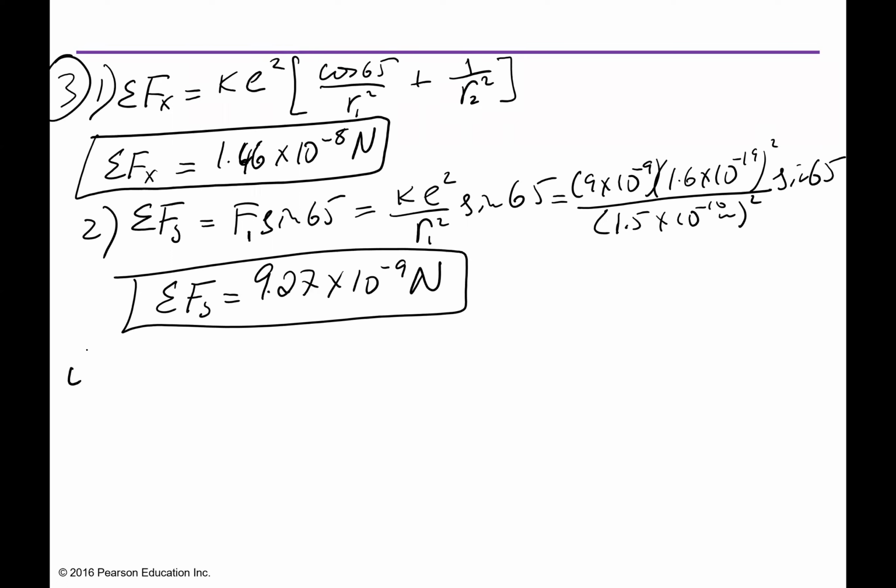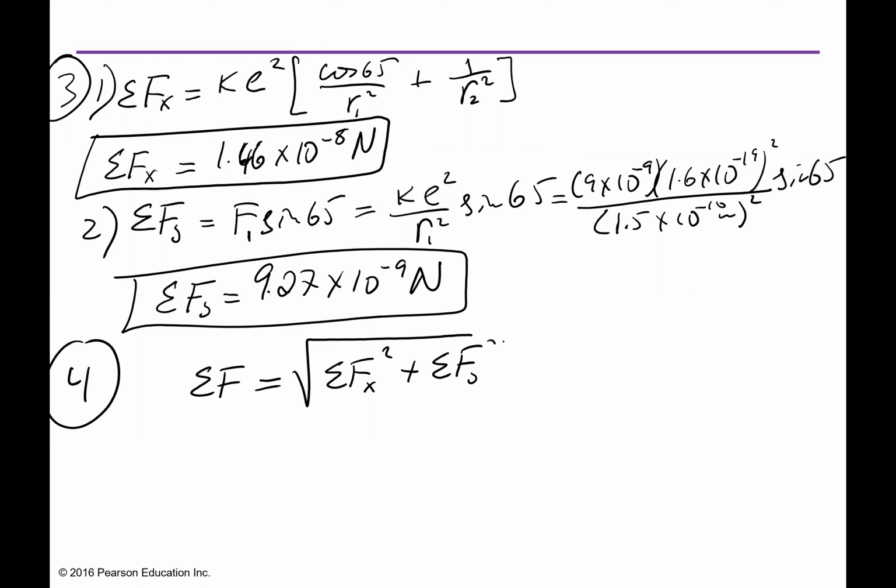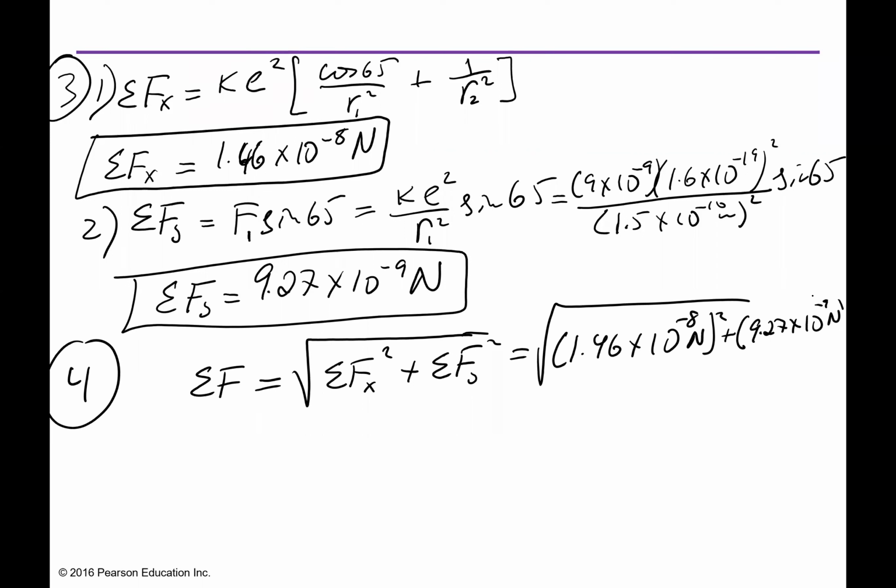Once I have that, here's step 4, I can use the Pythagorean theorem to calculate the magnitude of the force: net force in the x squared plus net force in the y direction squared. So 1.46 times 10 to the negative 8 newtons squared plus 9.27 times 10 to the negative 9 newtons squared. Then the magnitude will be equal to 1.73 times 10 to the negative 8 newtons.